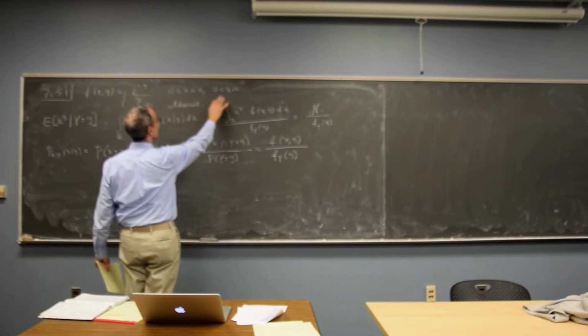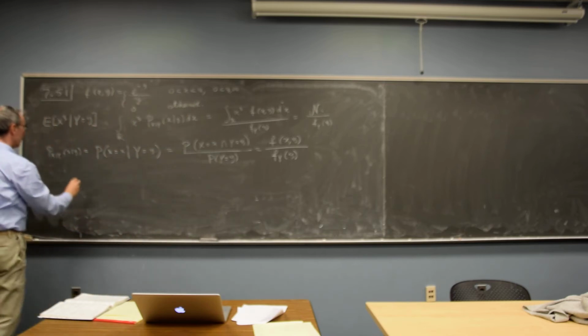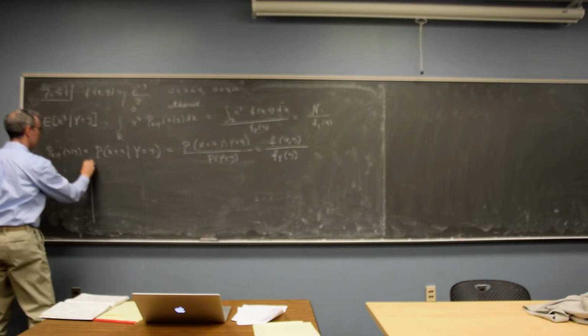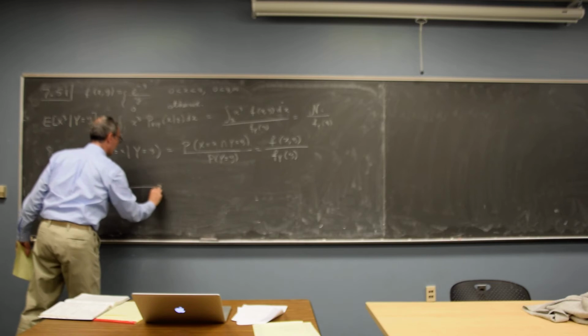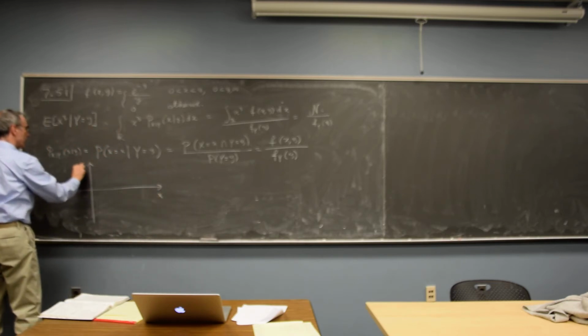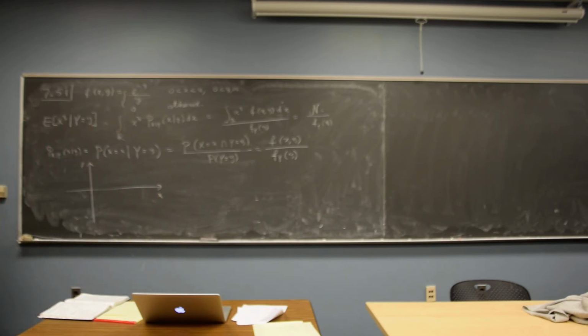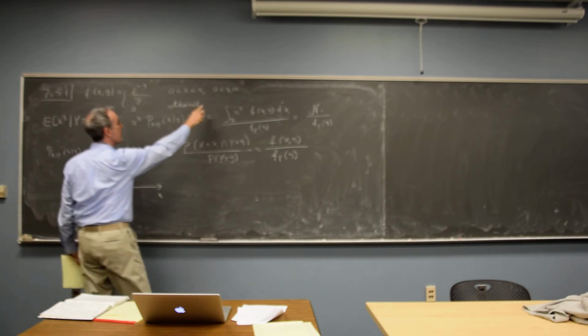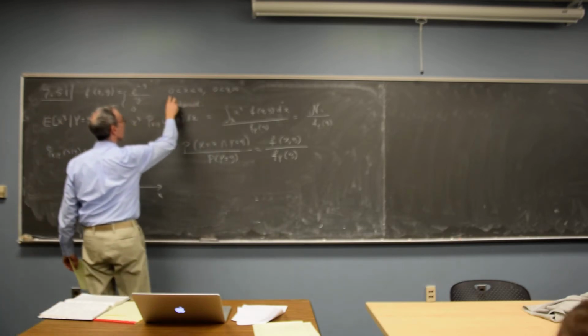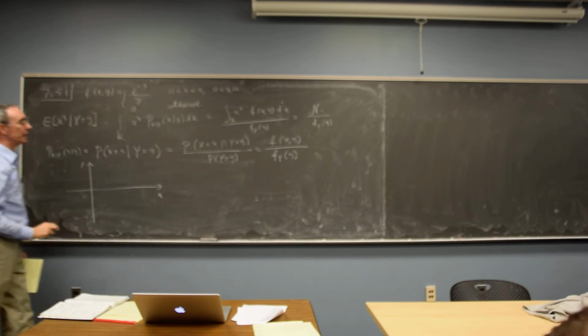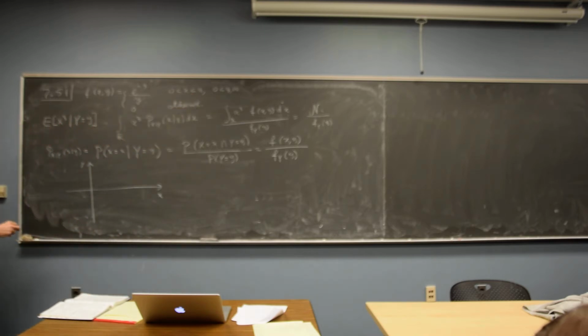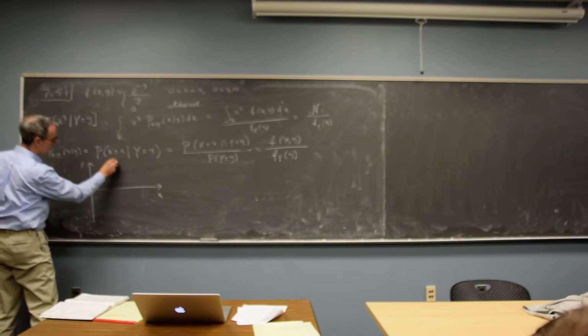So what is this domain in the xy plane? First draw the domain, x and y. So y goes from 0 to infinity, and x goes from 0 to y. So there is a clear line which is x equal to y.